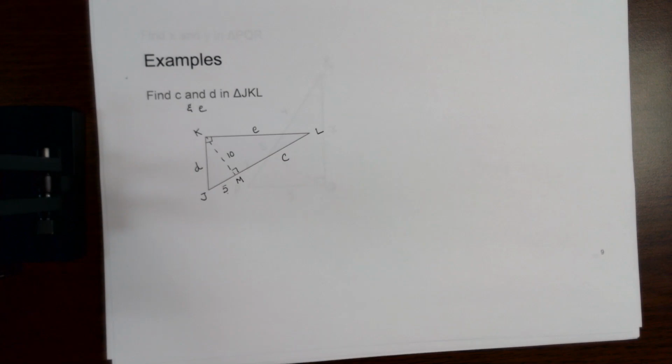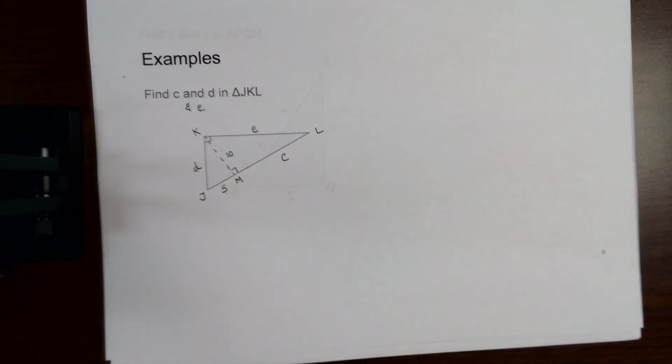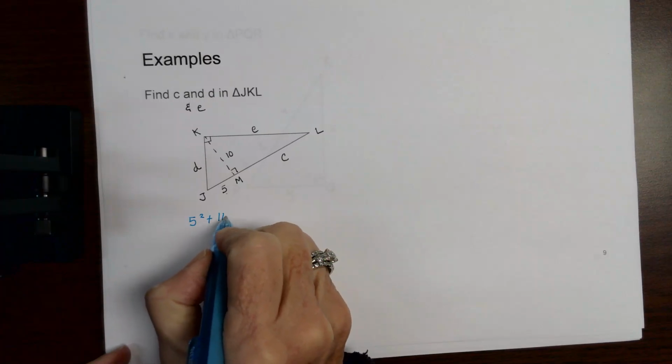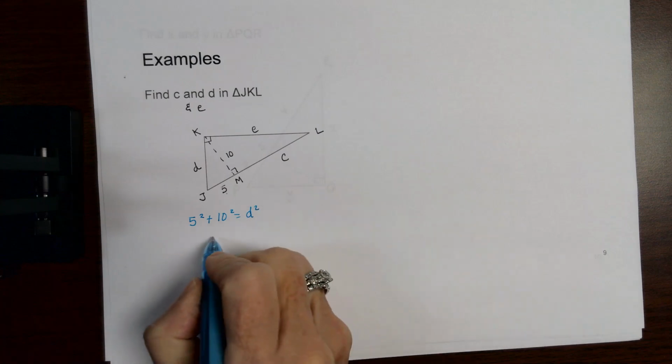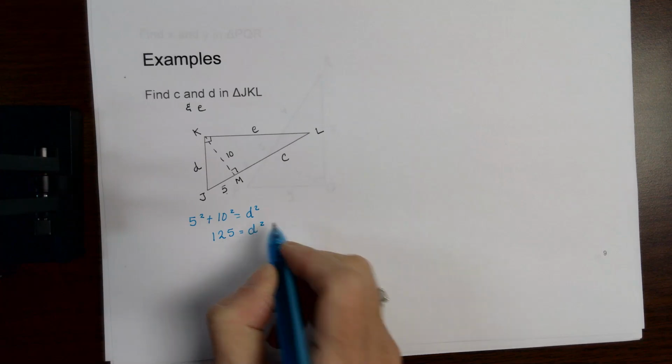So 10 squared plus 5 squared is equal to 125. So I did 5 squared plus 10 squared is equal to D squared. So this is 125 is equal to D squared.